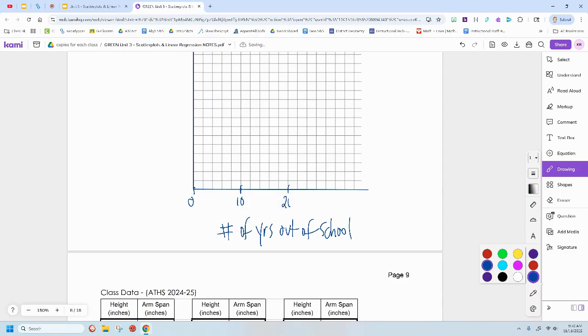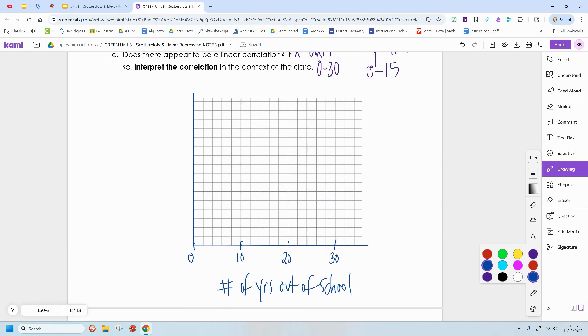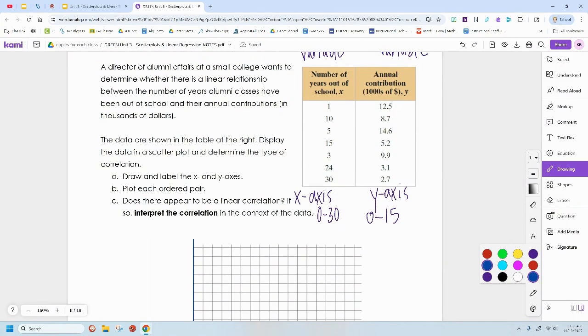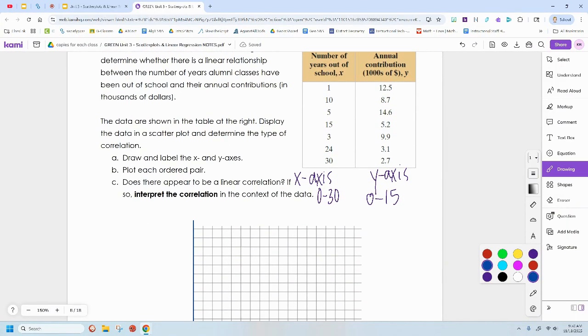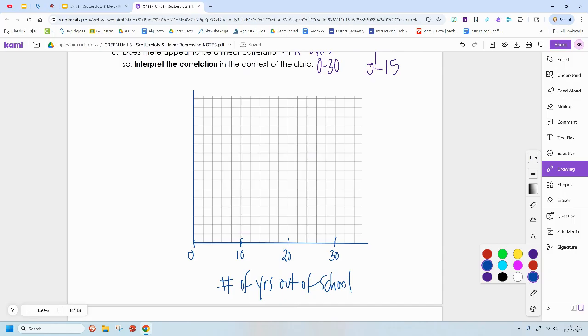Then 20 years out, and then 30 years out. And that axis is ready to go. All right. The y-axis is annual contributions.